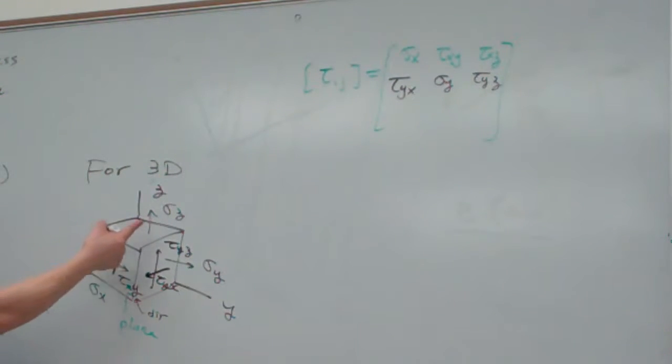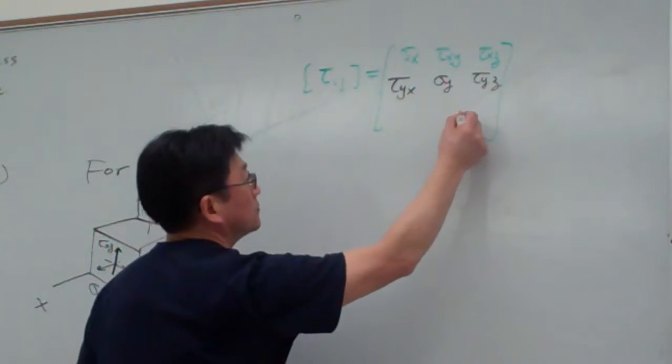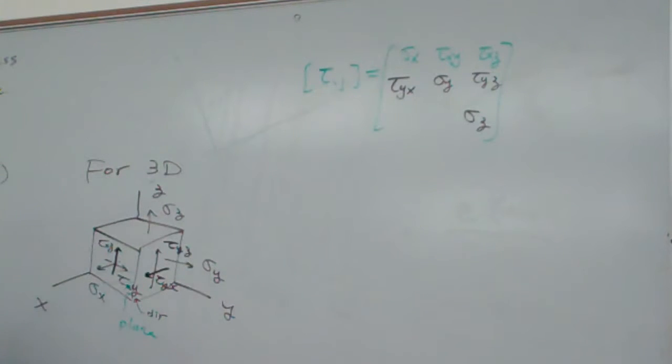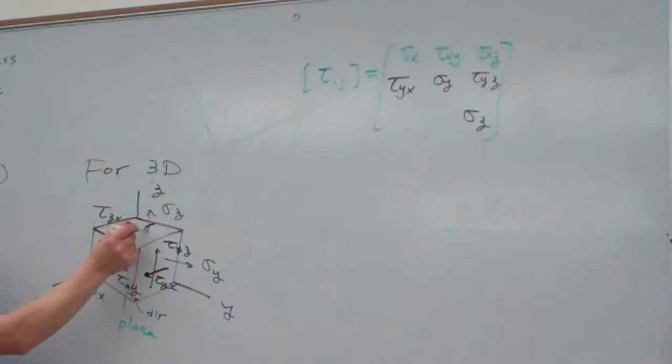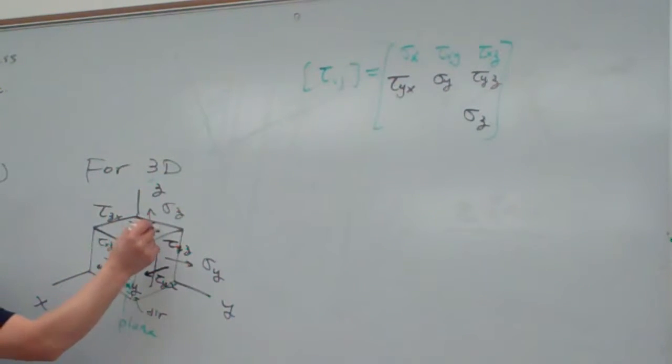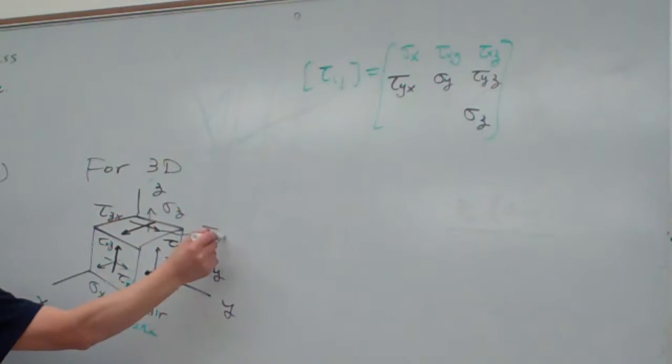In the z plane we have sigma z, and in the z plane pointing to the x direction, this is tau zx. And this one pointing to the y direction is tau zy.